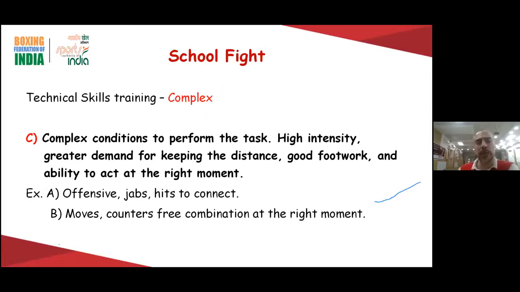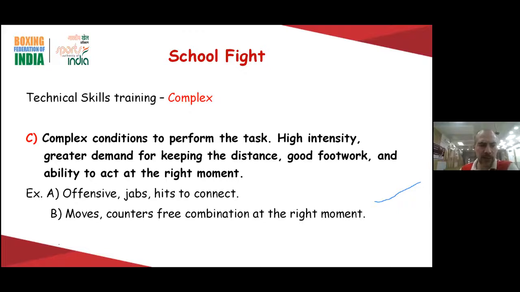And then we take it one step further, more complex conditions to perform the task. We look for high intensity, a greater demand for keeping the distance, distance management, good footwork, and ability to act at the right moment. We will show this in the practical.